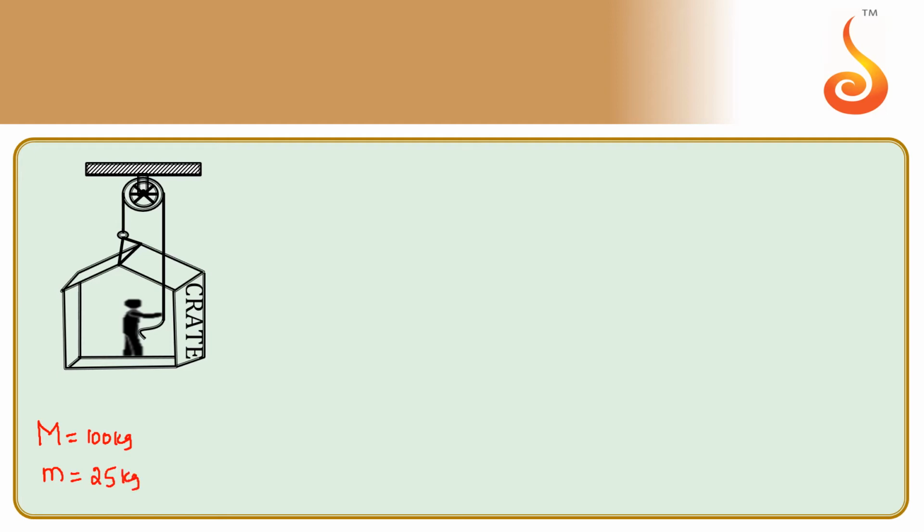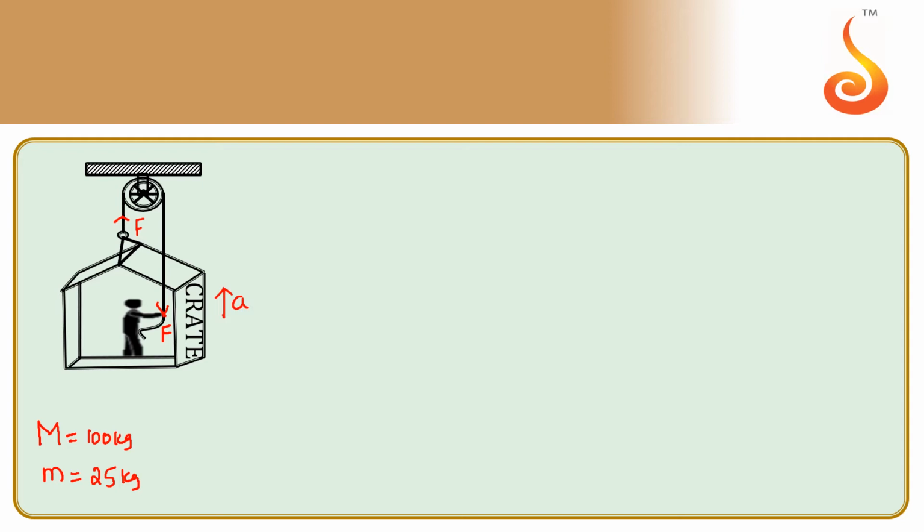And if he pulls the rope with the force F, therefore the rope is connected to the crate, so the same force will pull the crate upward. Now we need to calculate the acceleration of the system and the tension in the rope. Tension in the rope is nothing but the force with which the man pulls it. So we need to calculate F and we also need to calculate acceleration.